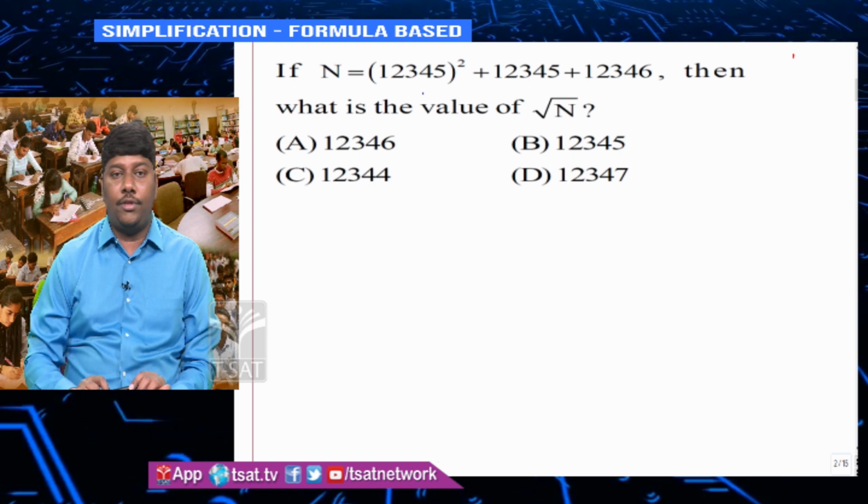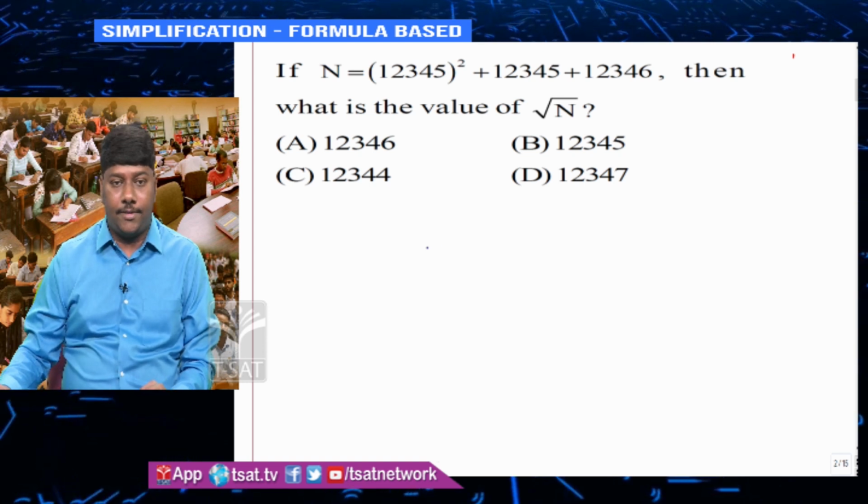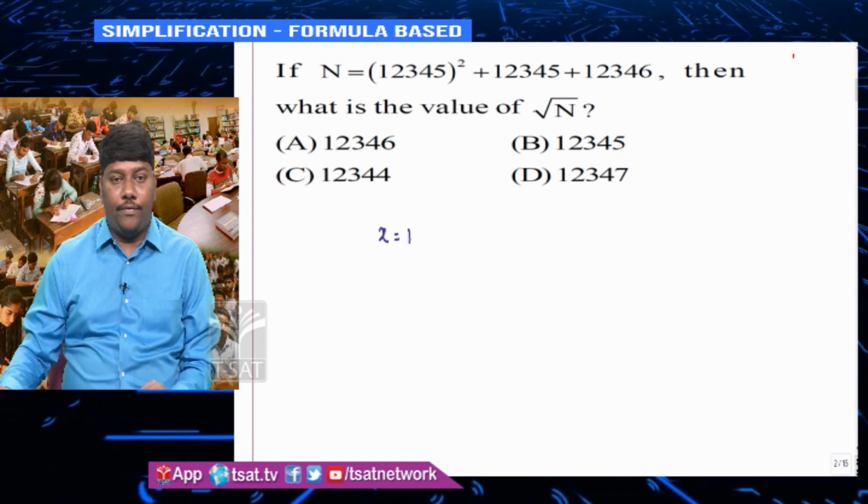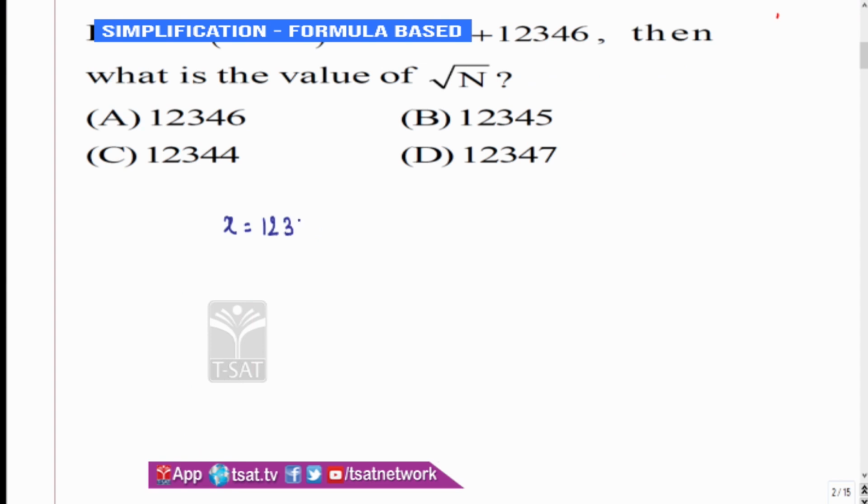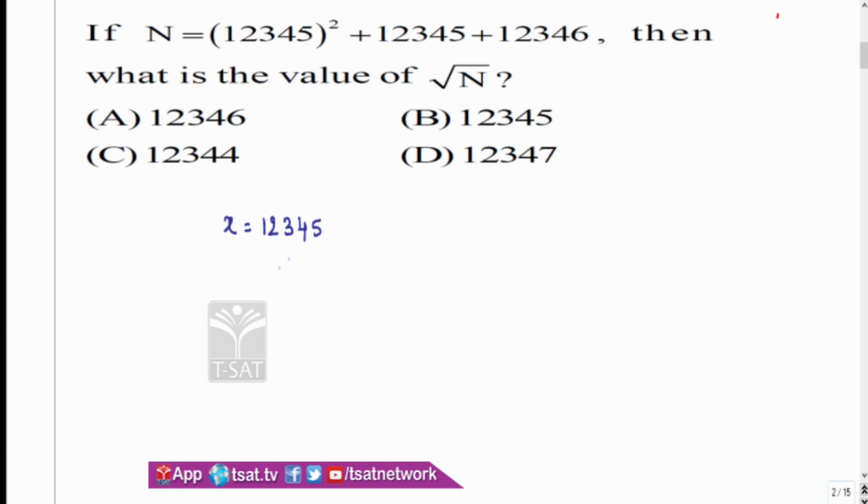So here 12345, if I assume it as x, let x is equal to 12345. So the entire thing becomes what? n is equal to (12345) whole square, which becomes x square. Then 12345 is x. You have 12346, which is 12345 plus 1.